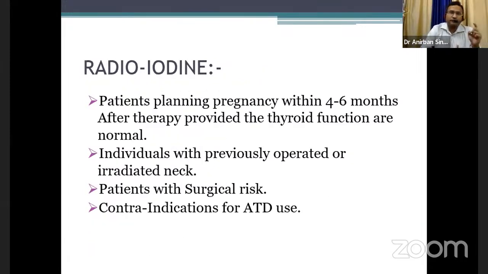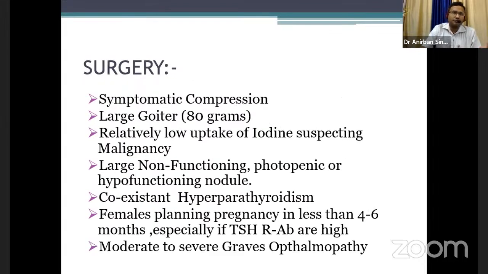For patients planning pregnancy, 4 to 6 months of therapy is possible, but otherwise it is not recommended. Patients with previous surgery and patients with surgical risk, or contraindicated for antithyroid drugs, where hepatitis or agranulocytosis develops on antithyroid drugs, radioiodine is the only option.